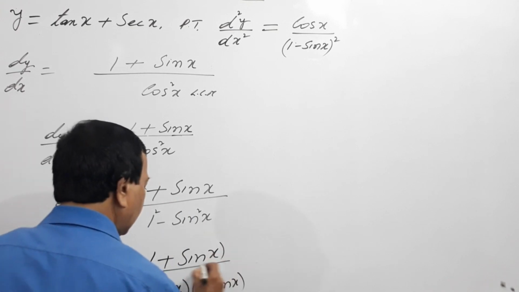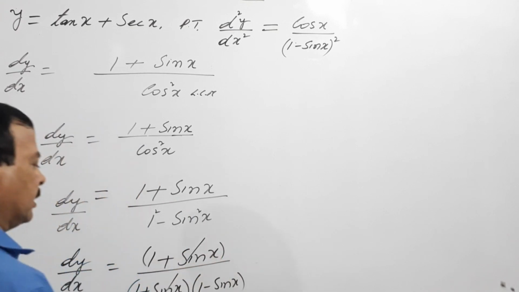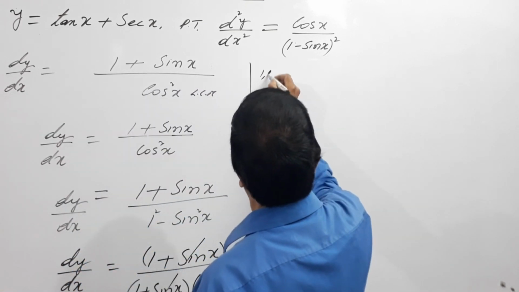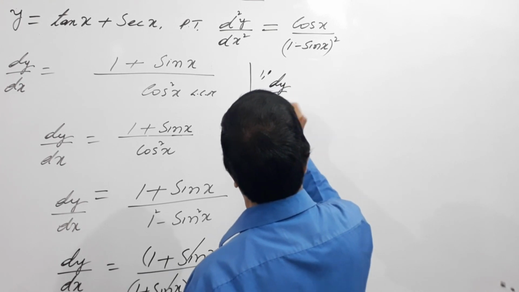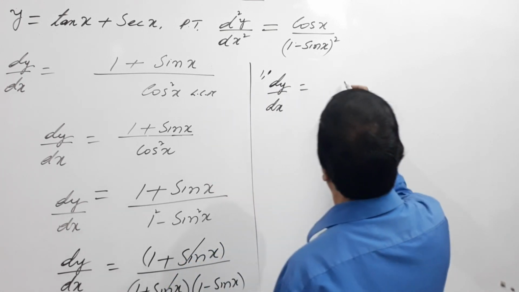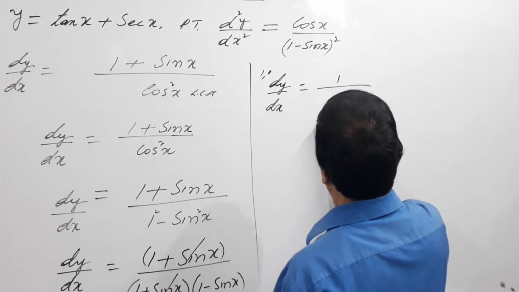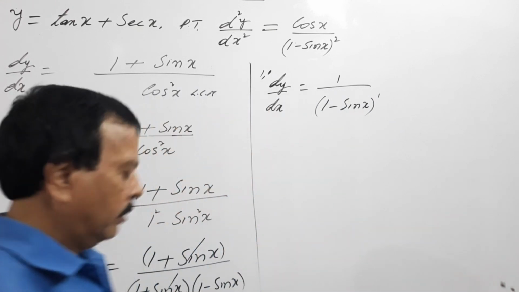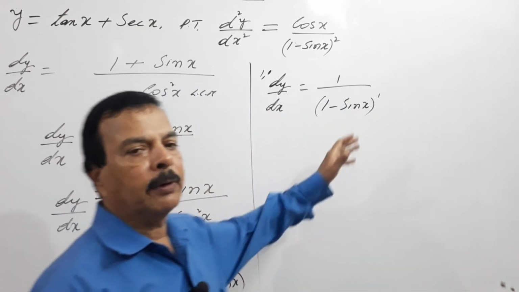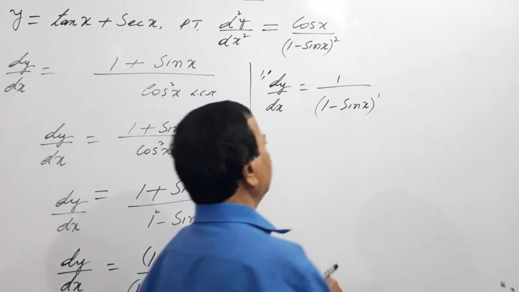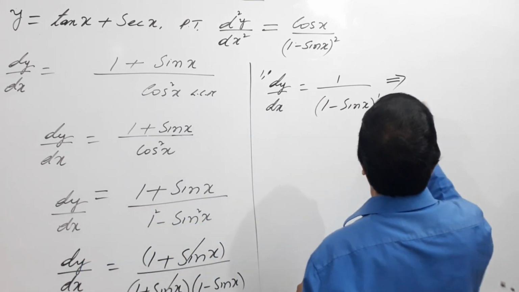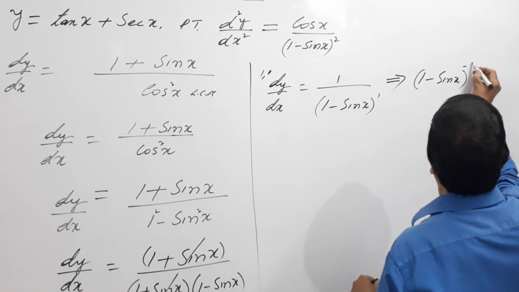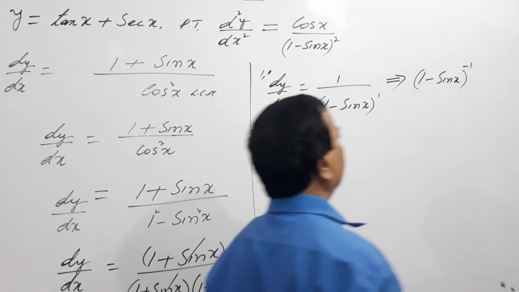So this and this cancel, that is dy by dx equals 1 by 1 minus sin x to the power of 1. So what I'll do is try to bring it to a standard form. What this can be written as is 1 minus sin x to the power of minus 1.